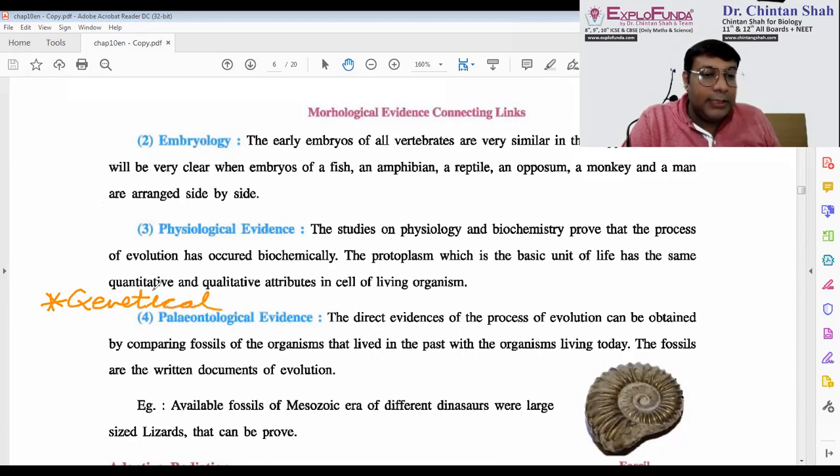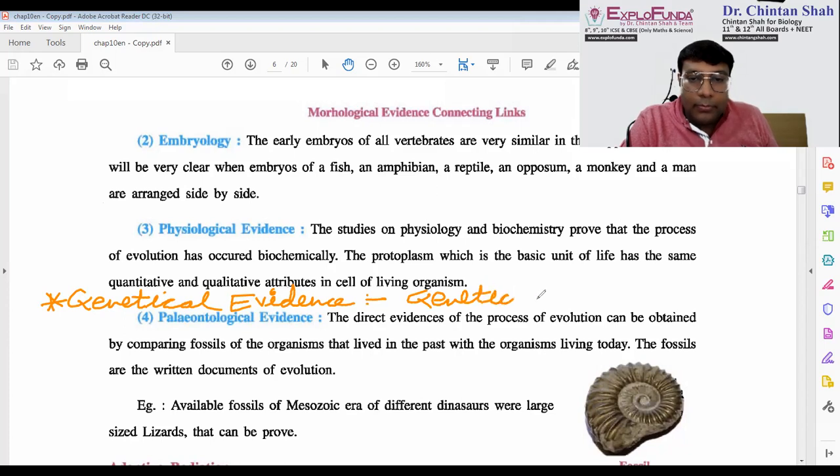Because the meaning of the genetic code is universally the same. You know, the genetic codes are the same from prokaryotes to eukaryotes. And that's why I'm writing universally.